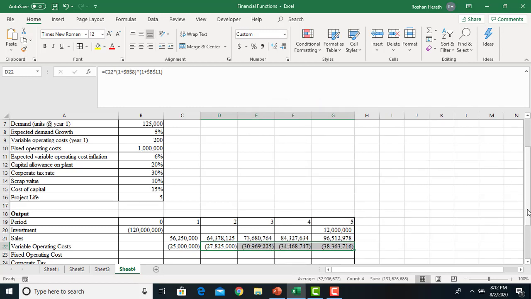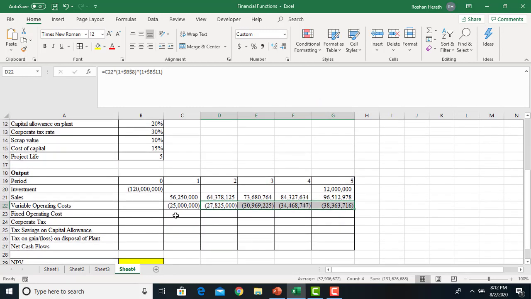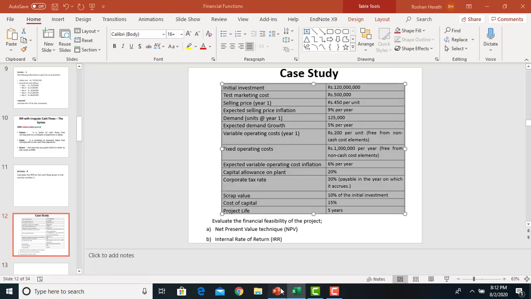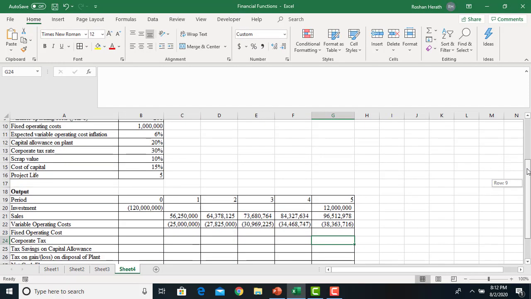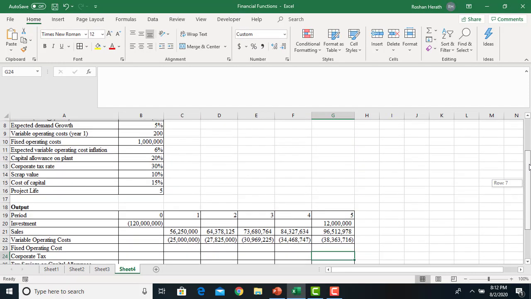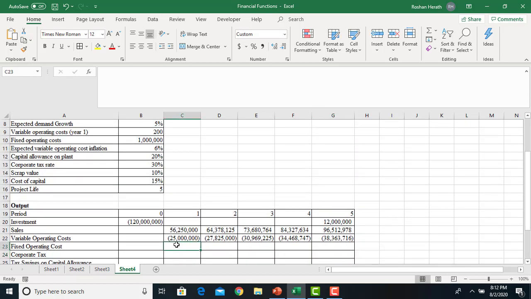Then you may have the fixed operating cost. As per the question, we have seen that it's free from non-cash elements. You can simply take the fixed operating cost. It is quite straightforward. No growth rate is applicable for this fixed operating cost.